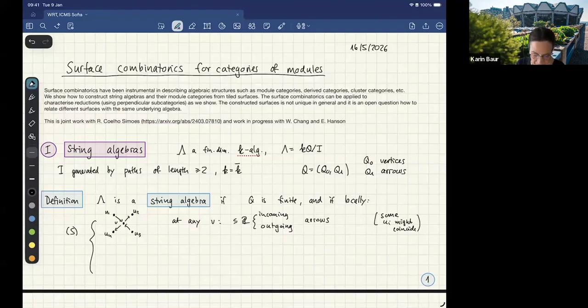So that's what we need for this condition S, and we also need something for the arrows. For any arrow A, there is at most 1 arrow you can pre-compose it with, and at most 1 arrow you can post-compose it with, which is not in the relations.